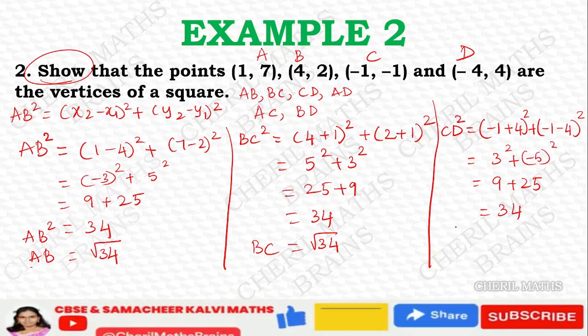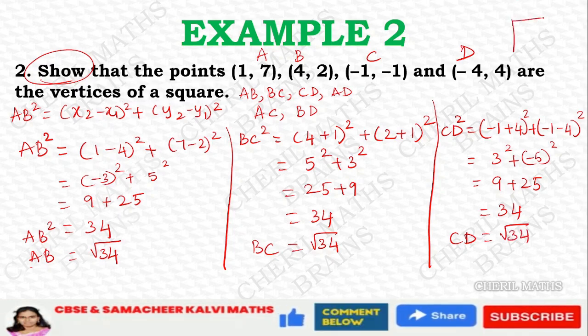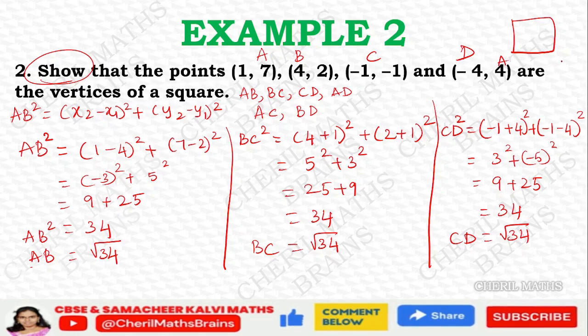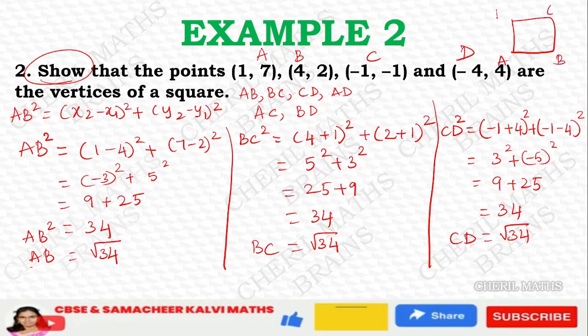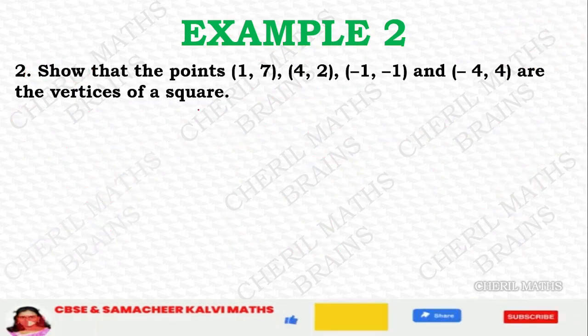This is CD square, so our CD is root 34. Now three sides are equal. So AB is root 34, BC is root 34, CD is also root 34. Now we will have to do AD.